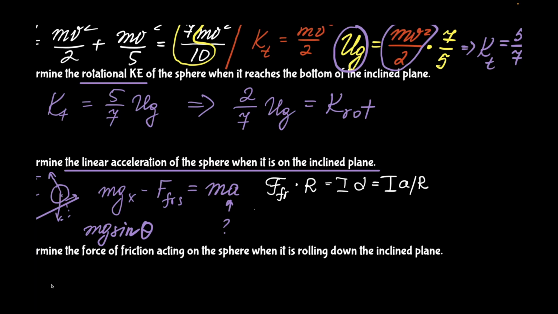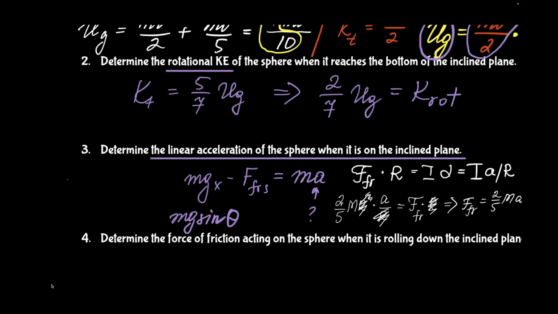I is 2/5 mr squared, because this is a solid sphere, times A over R, and it equals F times R, force of friction, pardon me. This R goes, and then that R goes, and we end up with force of friction being equal to 2/5 ma. So then, what do I have?